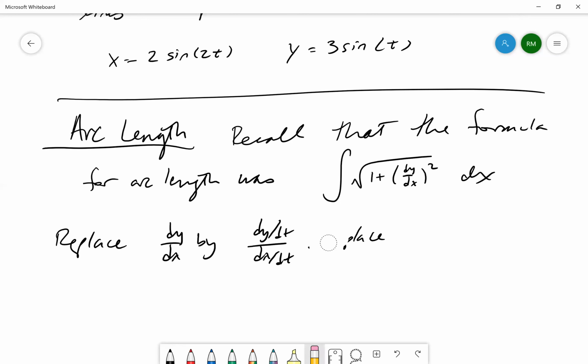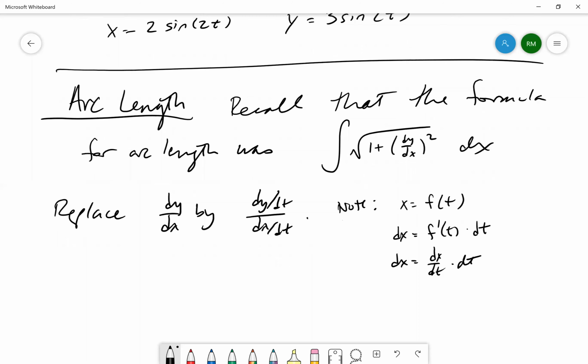So note that if x is a function of t, then dx is going to equal f prime of t dt, and so dx is going to be dx/dt dt.